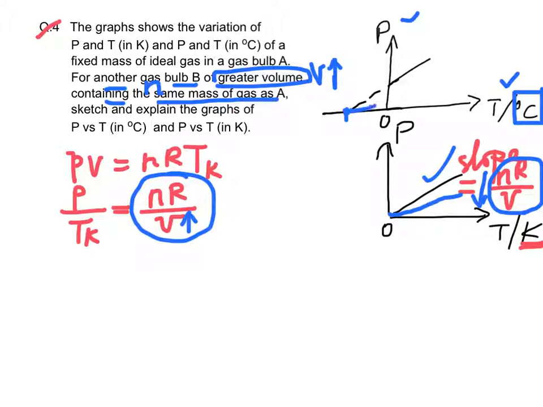Therefore, the new graph will be like this one. You must notice that even though the volume or the mass changes, the position of the absolute zero temperature must remain the same at this point.